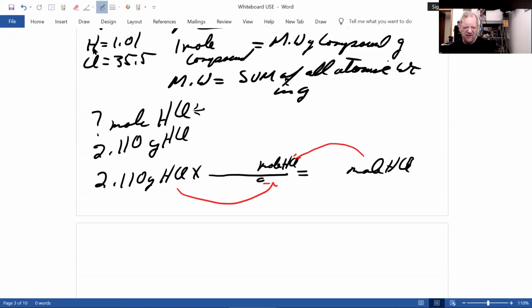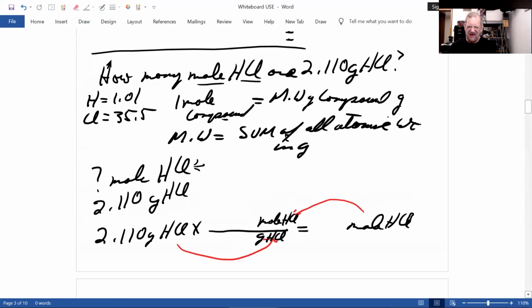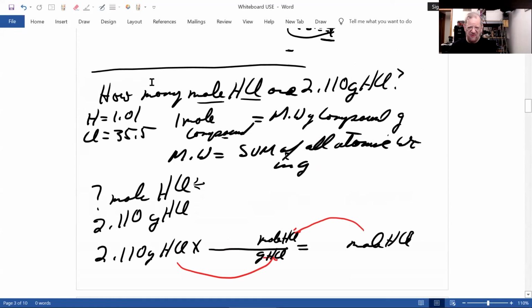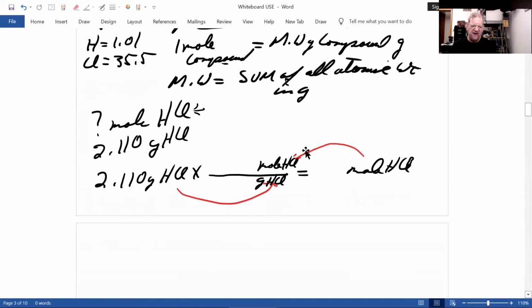I'll put underneath grams of HCl. And where do I get that number? 1 mole of a compound equals its molecular weight. Oh, Dr. White's mean again. He didn't give me the molecular weight of HCl. I've got to calculate that.